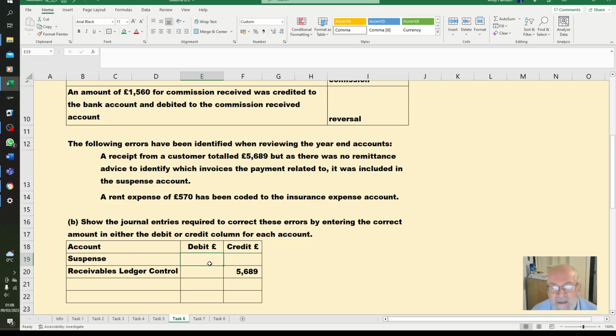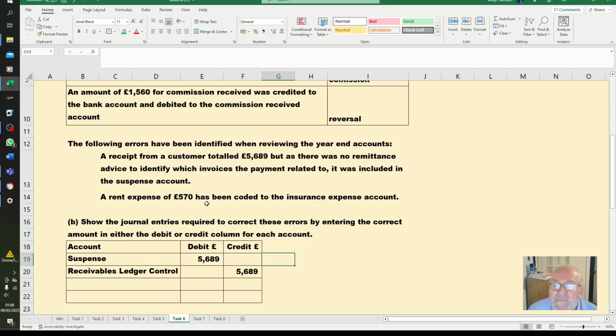So as well as helping our debits to equal our credits on a manual system or a corrupted computer system, a suspense account is frequently used to put something in when we don't know where it belongs. So we put it in, we credited our suspense account, and now on our computer we're moving it from our suspense account into our receivables ledger control account.